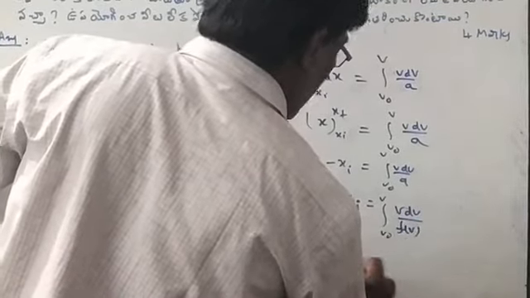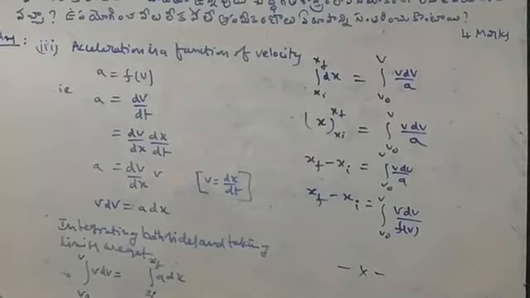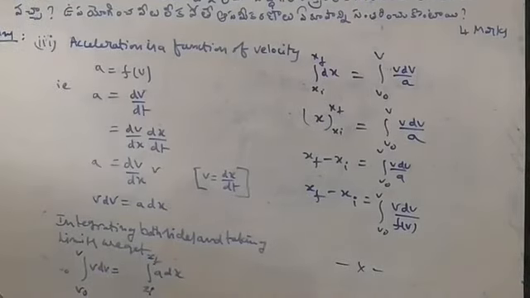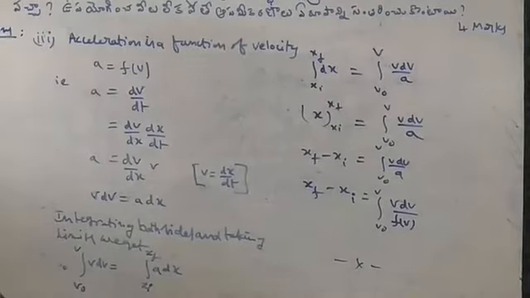And then, the third case answer: xf minus xi is equal to integral v naught to v dv divided by f of v.